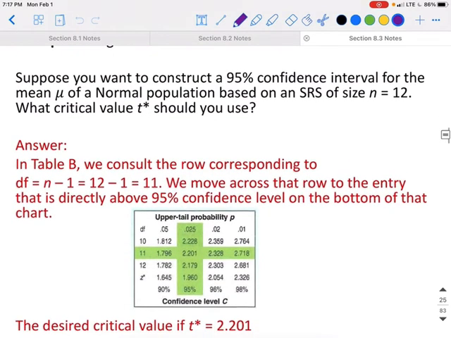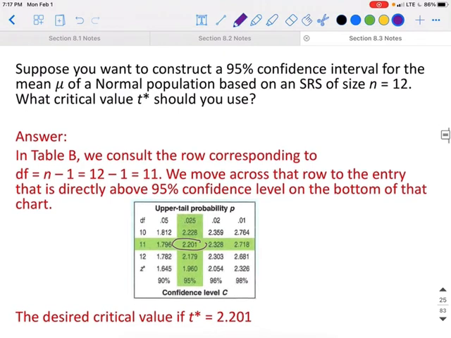So if you look at table B, you would go to your degrees of freedom of 11 and you would find your 95% confidence level at the bottom. Where those two meet will tell you your t star value, or your critical value for the t distribution, which in this case would be 2.201. Again, your t star would be 2.201 if your degrees of freedom is 11 and your confidence level is 95%.